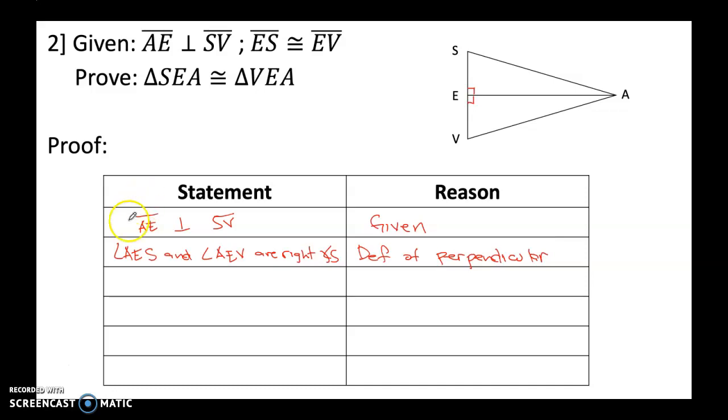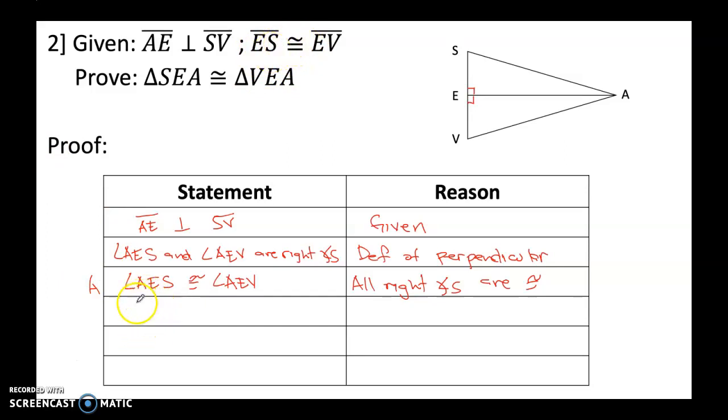By that, we can say that angle AES is congruent to angle AEB. Reason? Because all right angles are congruent. Now we can use the other given.